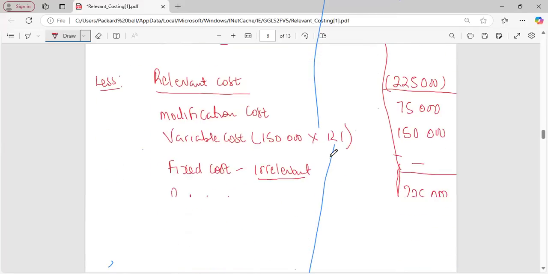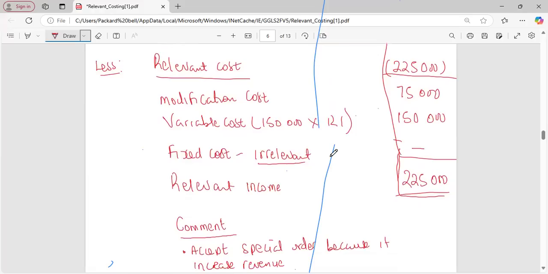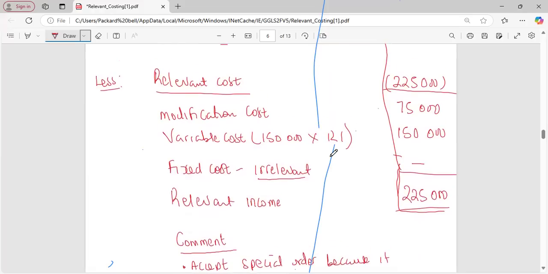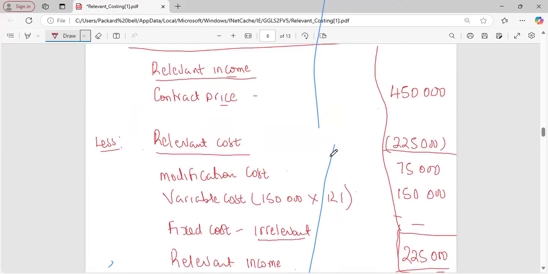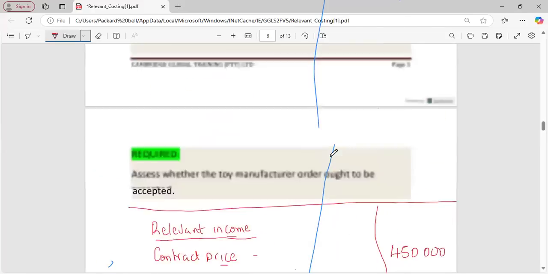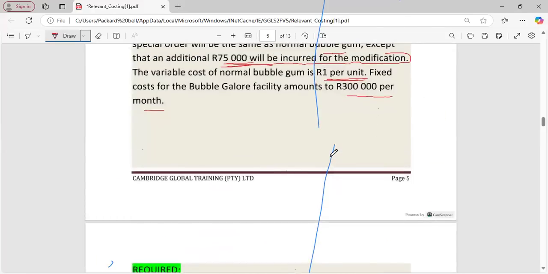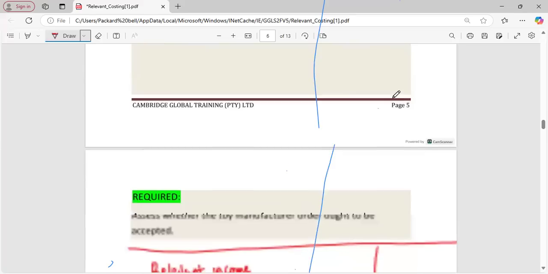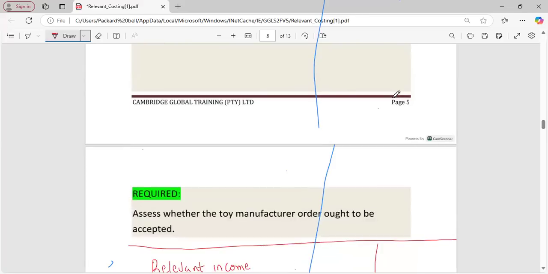Why? Because those irrelevant costs, whether you accept the special order or not, you are still going to pay those irrelevant costs. Like here, the bubble gallon facility amounts to 300,000. Whether you accept the special order or not, you are still going to pay those costs. So which means in your decision, they are not relevant.